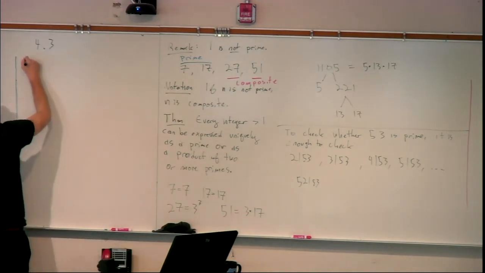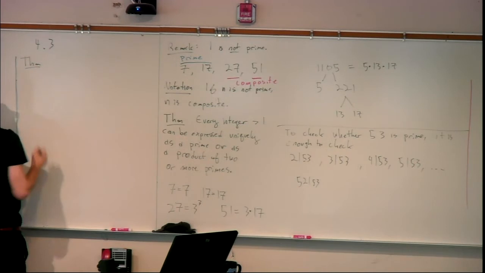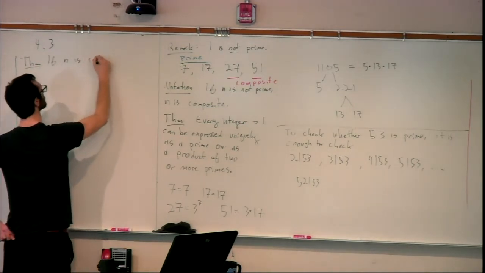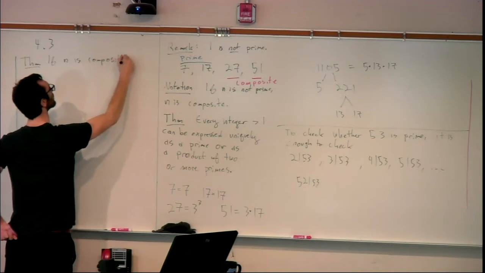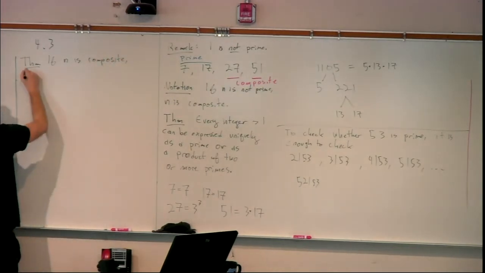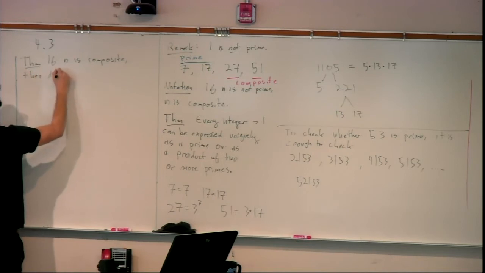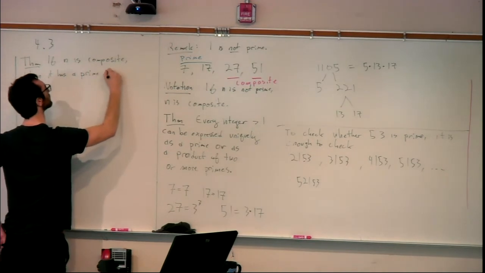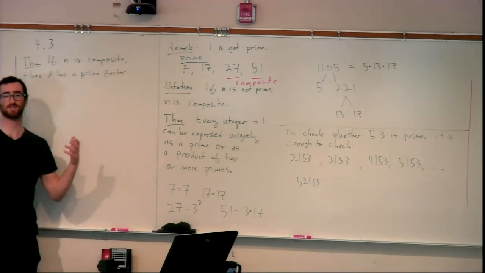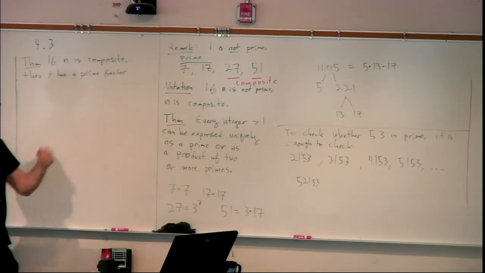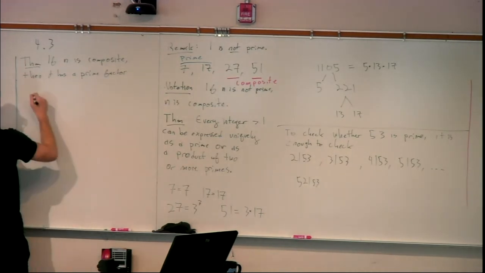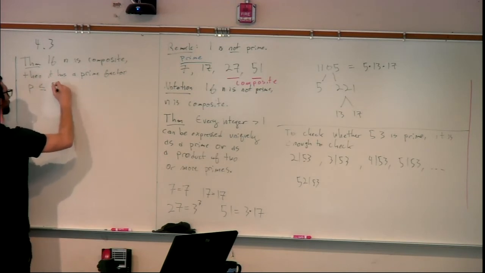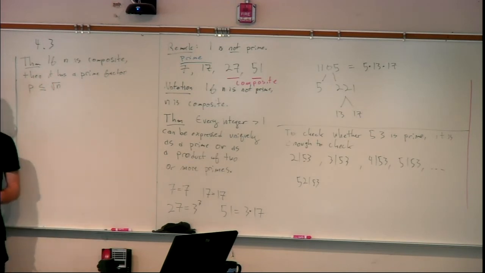If n is composite, then it has a prime factor, that means that there's some prime number p which divides n, which is less than or equal to the square root of n.